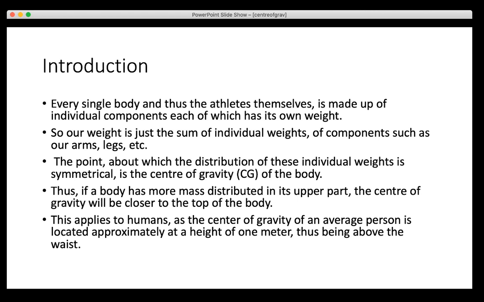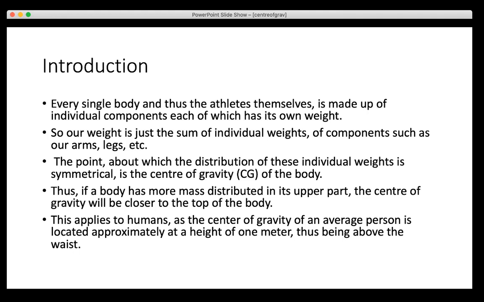Now, if the body has more mass in the upper side, for example, males are more muscular on the upper side, so they have more muscular mass there. The center of gravity always shifts towards the point where mass is more. So it is slightly more towards the top of the body where the upper body part has more mass.